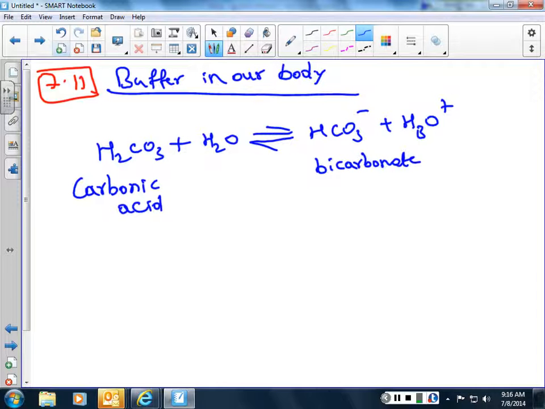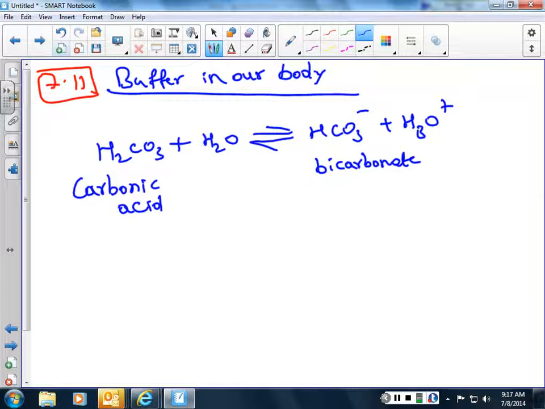Now let's assume in our body, because of some condition, you increase the bicarbonate. Where will the reaction go? Toward carbonic acid, correct? And if you make more carbonic acid, where will the reaction go?